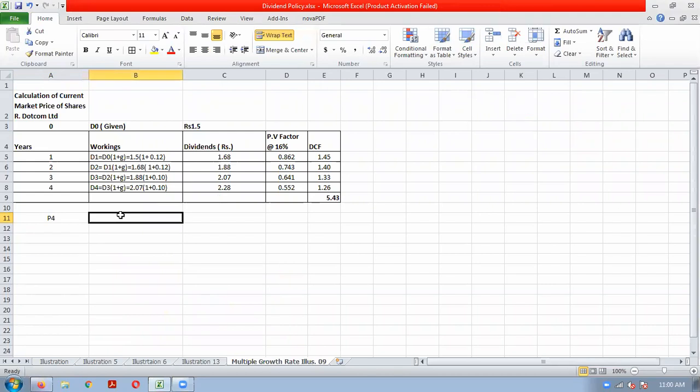P4 is 30.78, and this is fourth year only. So your discounting factor will be the same only.